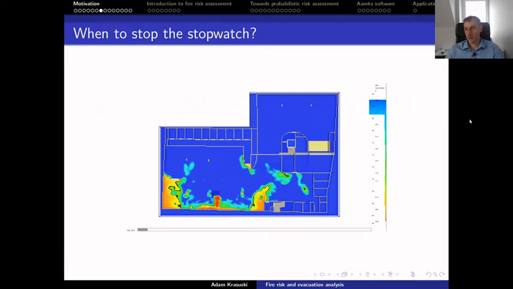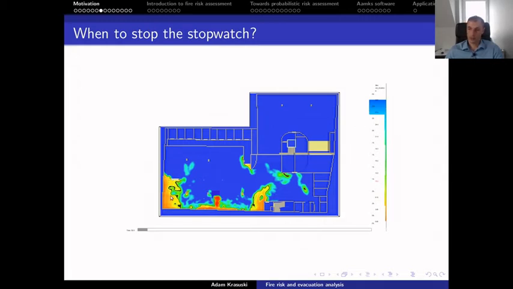As an example, I served the analysis of the ventilation system in an underground garage. So here we have the layout of one of the floors of this garage, and this is the slice of the value which represents visibility.